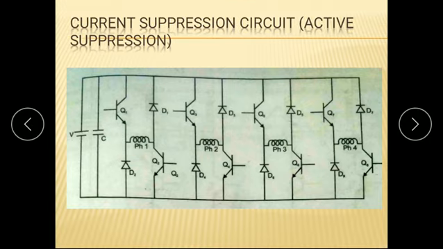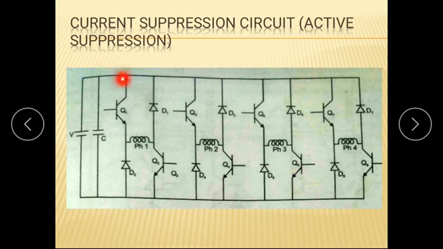So how? When the transistors Q1 and Q2 are turned off, then the current in the phase 1 will charge the capacitor C via D1 and D2. That is, at normal condition Q1 and Q2 will be on.